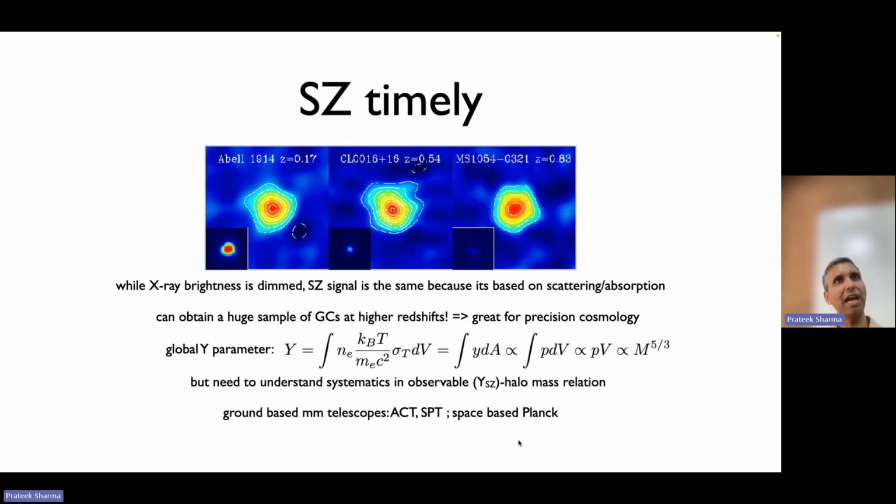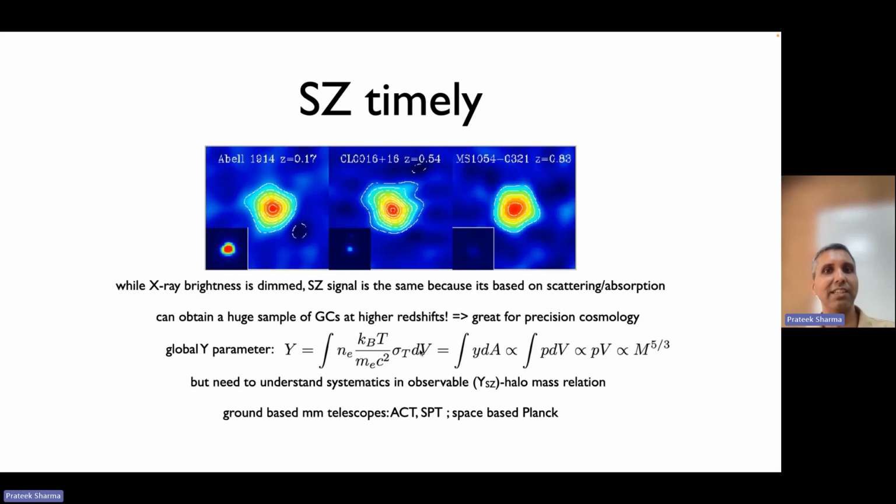But if your galaxy cluster is not resolved, at these high redshifts they become small on the sky. Then you don't have these individual sight lines. You have an average Y. You don't have a pressure profile. You have the integrated effect, and that is this capital Y.